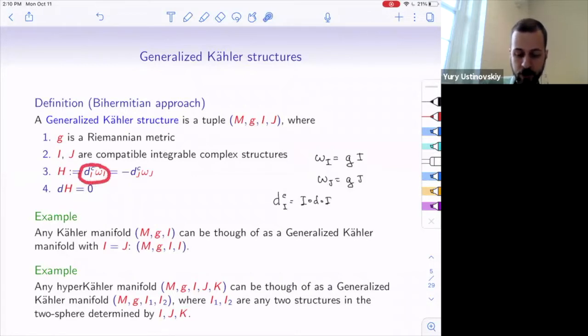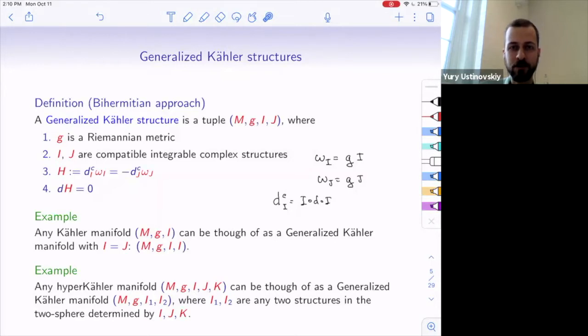So the condition here is that these three forms are required to be opposite of each other. Denote this three-form by H, and the next condition is that these three-forms are actually closed. So both of them are closed. This is what we saw as flux, as I understand, in the previous two talks by Anna Fino and by Jason Lotay.